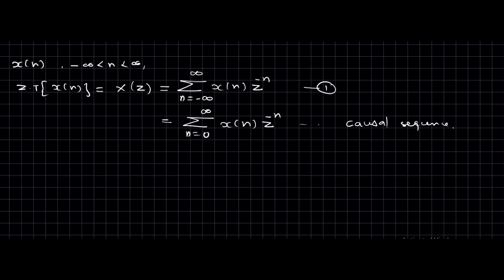Okay. So what is z in this equation? So z is equal to r e raised to j omega. So we have to understand the meaning of this z.